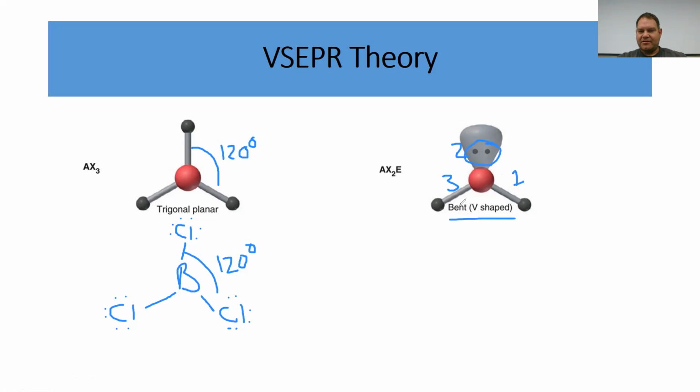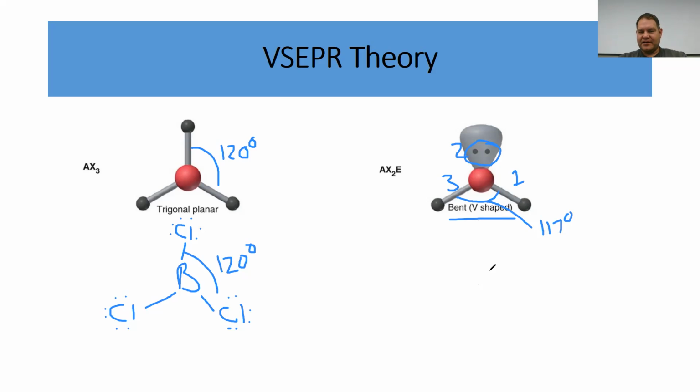And so as a result, the angle between these two bonds is really 117 degrees, okay? So they would be 120, but because the lone pairs push them closer, it shrinks that angle slightly. And so therefore we call it a bent or V-shaped molecule in that situation.